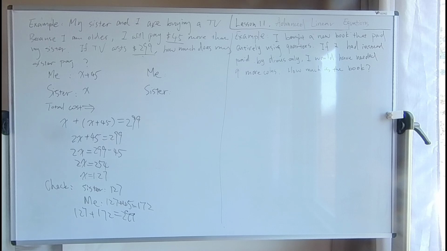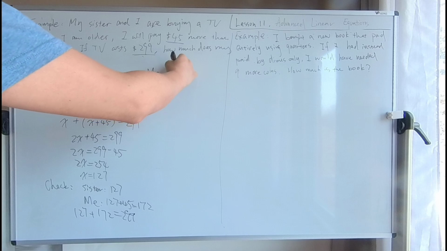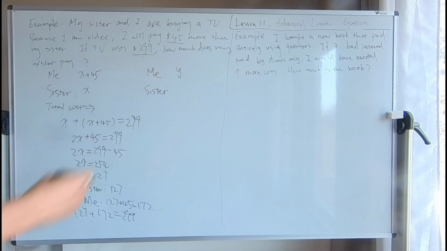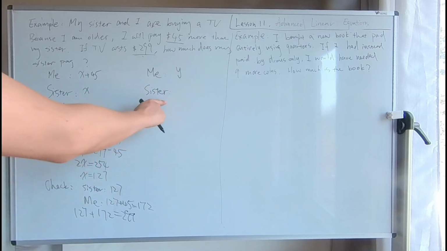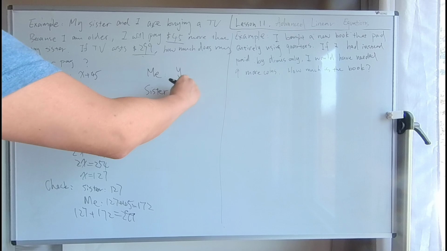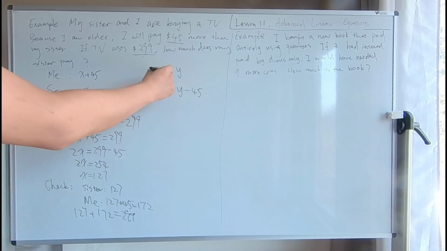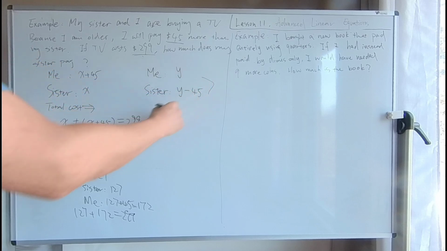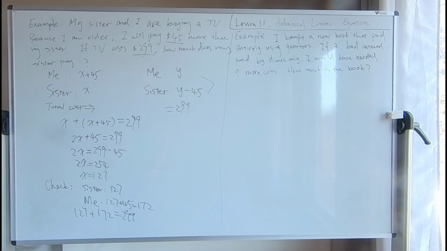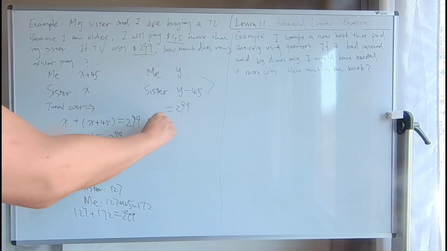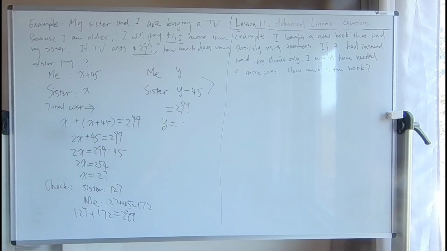For example, this time if I assign the unknown, let's say y, to me, so assume I pay y dollars for this TV, then my sister should pay y minus 45. If you add them together and set this equal to the total cost of the TV, you will be able to solve y from this new equation.